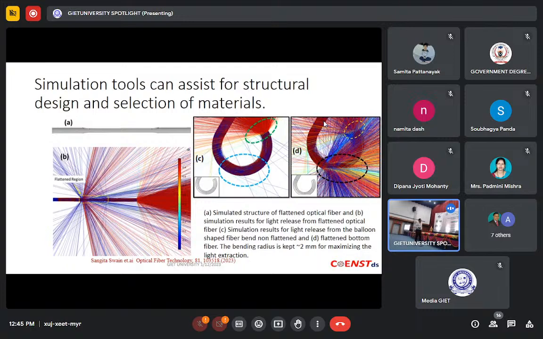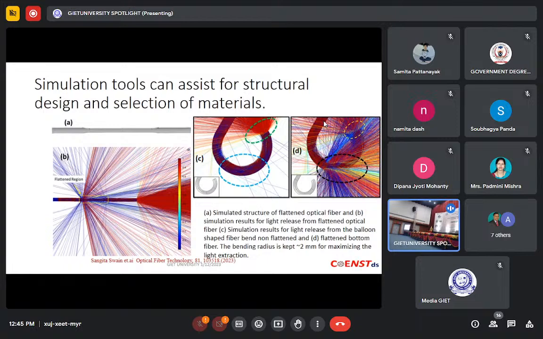This we have simulated using COMSOL, and you can observe that if there is no flattening of the fiber, as you can see here, there is no flattening, maximum light is coming out here. But when you make it flat here, you see, the light is coming out here, and less light is coming out at this output.